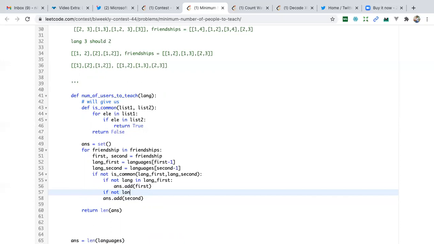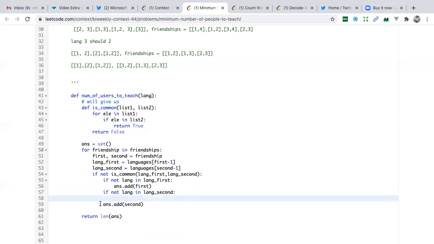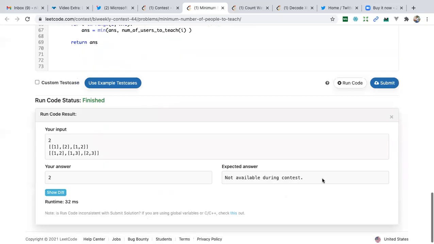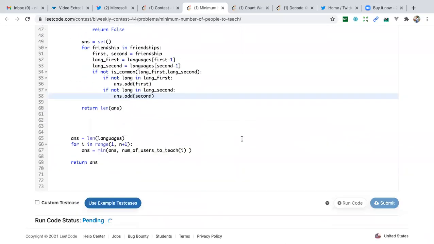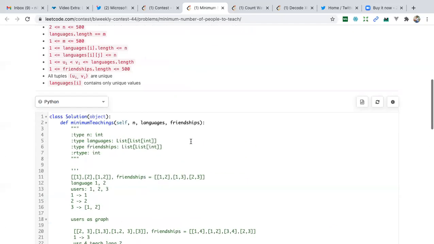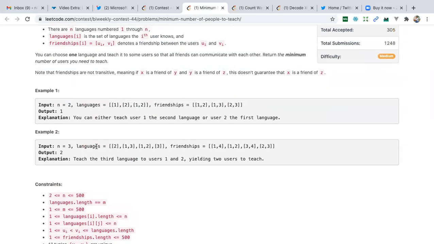If not language in language second, then we need to teach them. We got 1, and let's take this example.